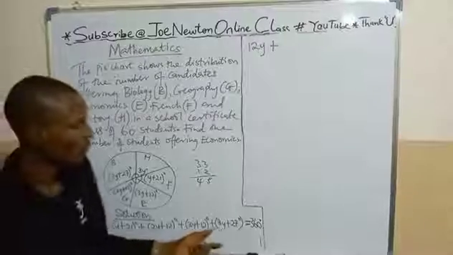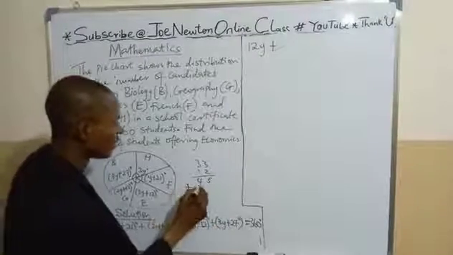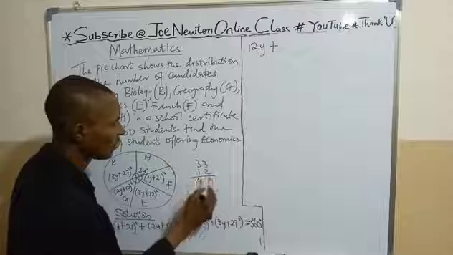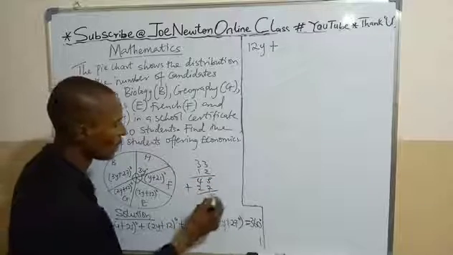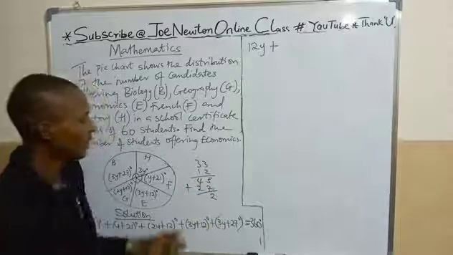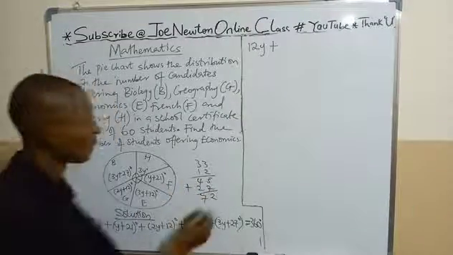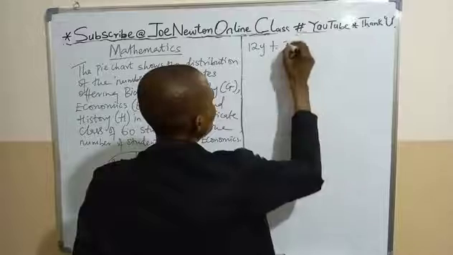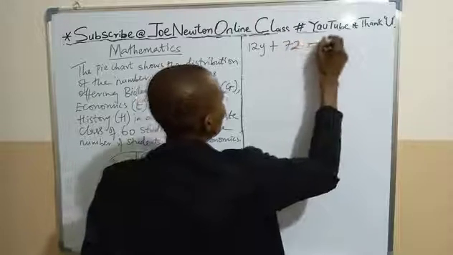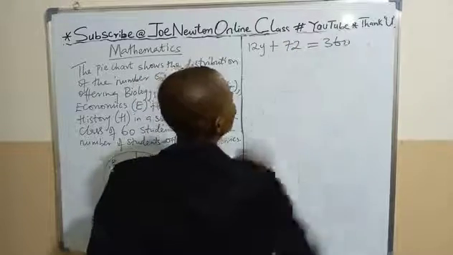Then 45 plus 27: 5 plus 7 gives 12, carry 1, put 1 here. It becomes 5 plus 2, 7, we have 72. Then we have plus 72 equals 360. That's what we have.